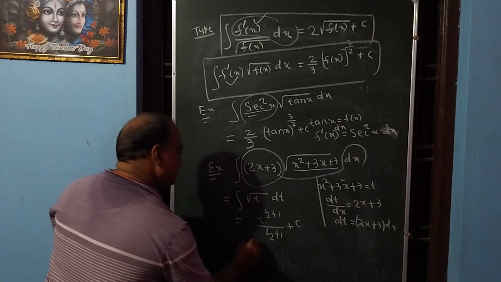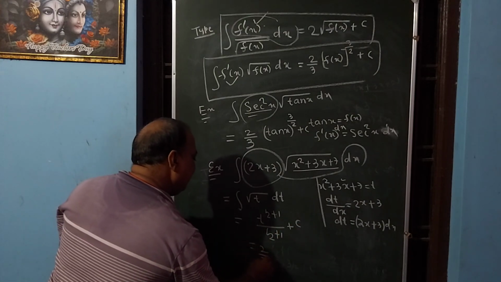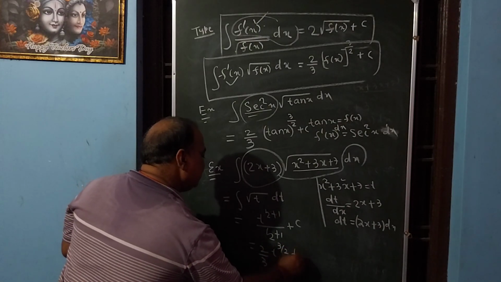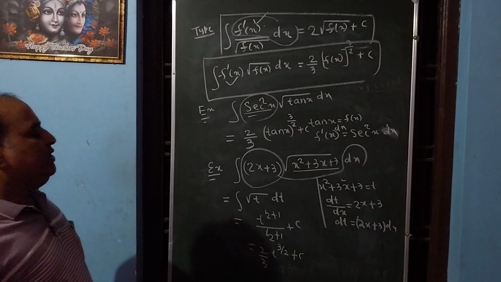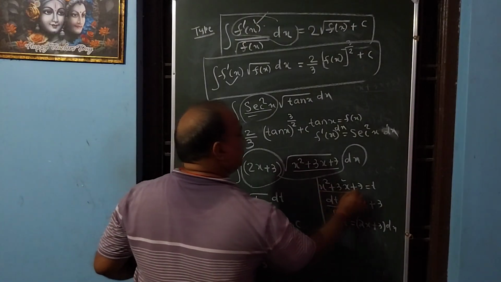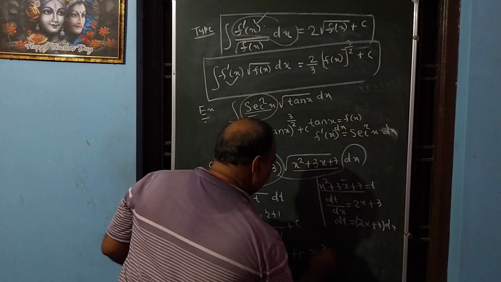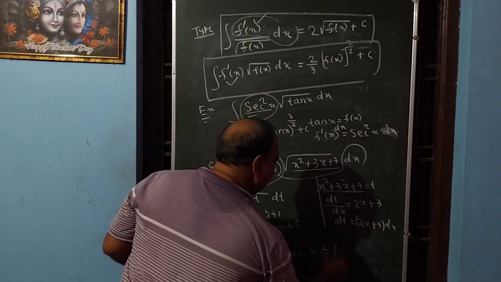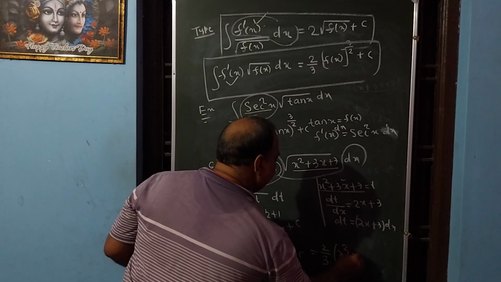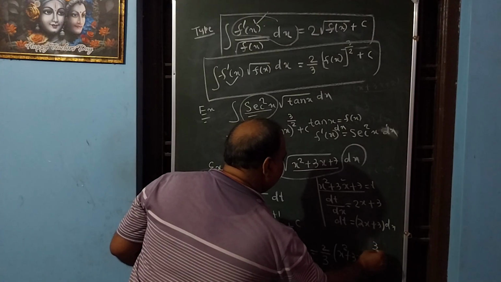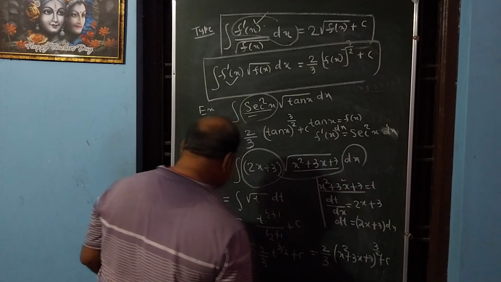So we get 2 by 3 t to the power 3 by 2 plus c. So in place of t we have to write x square plus 3x plus 7. So we get 2 by 3 times x square plus 3x plus 7 to the power 3 by 2 plus c.